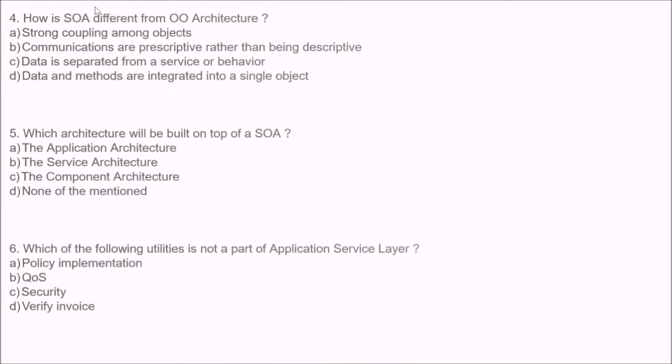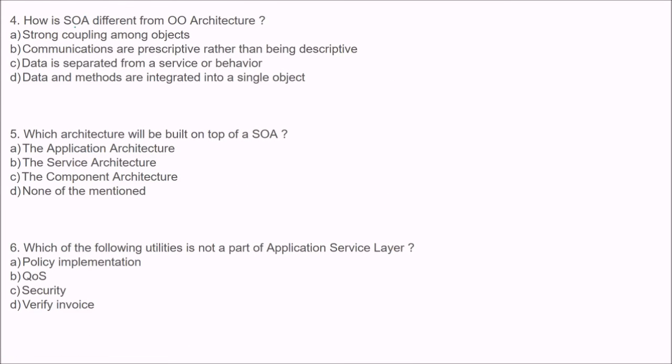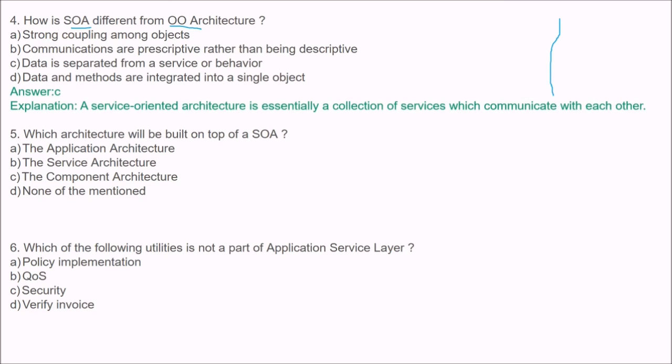The next is, how is SOA, service-oriented architecture, different from object-oriented architecture? Can you answer? These are the 4 options. The answer is C actually. Data is separated from service or behavior. This is the main difference, because a service-oriented architecture is essentially a collection of services which communicate with each other.